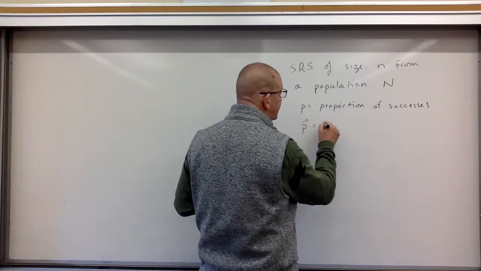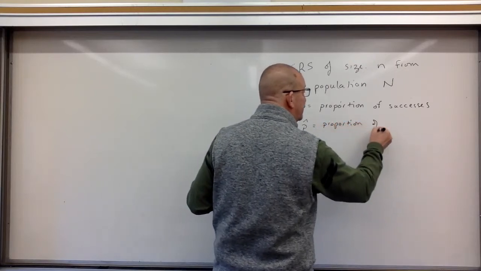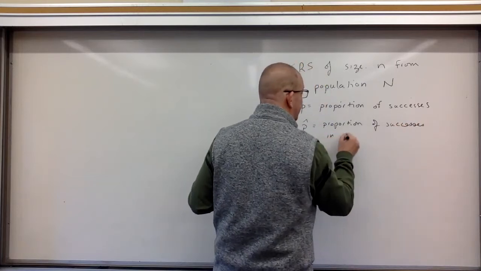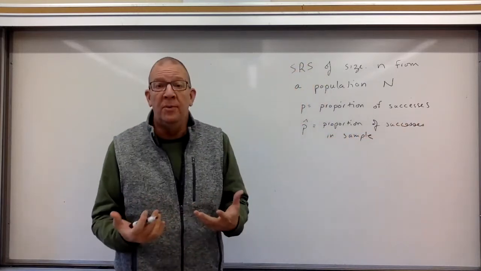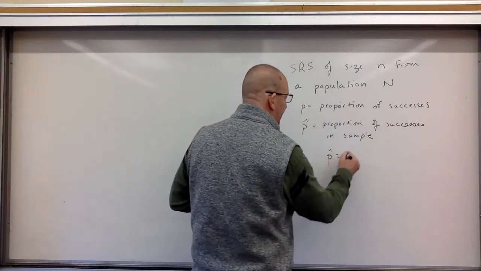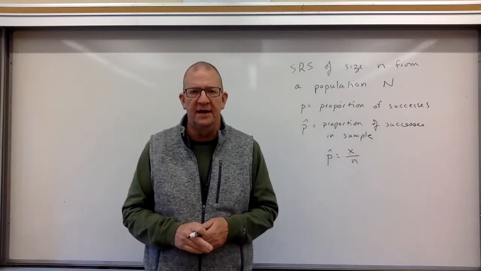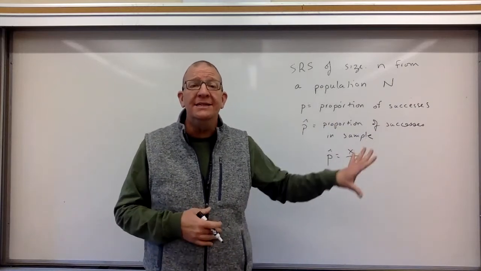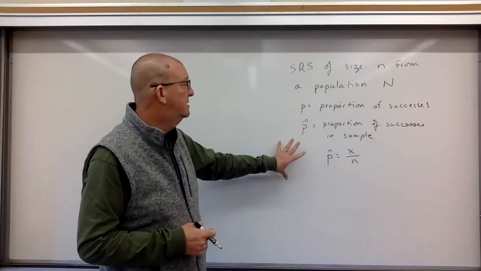P hat is the proportion of successes in the sample. Oftentimes, we call the number of successes X, so that P hat becomes X over n. You'll see that description sometimes. Okay, and so basically, this is going to be our life for the proportions.